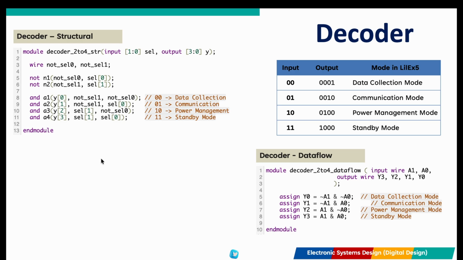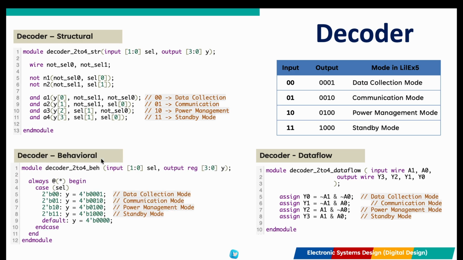Instead of naming gates, we use the AND and NOT operators. Assign Y equals NOT select 1 AND NOT select 0. This tells the synthesis tools exactly what logic to build, but in a much more readable equation-based format.